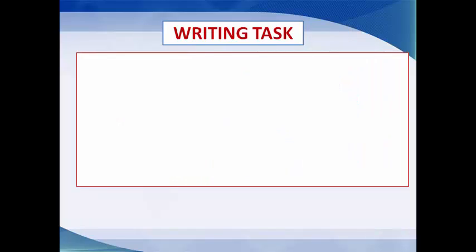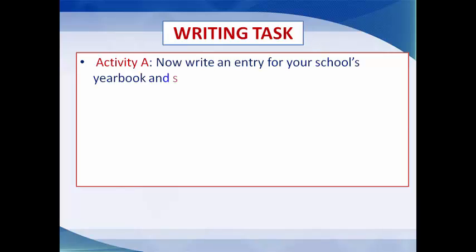Next thing, a writing task. Activity A. Now write an entry for your school's yearbook. So now you are going to write an entry for your school's yearbook and say a few things about yourself.